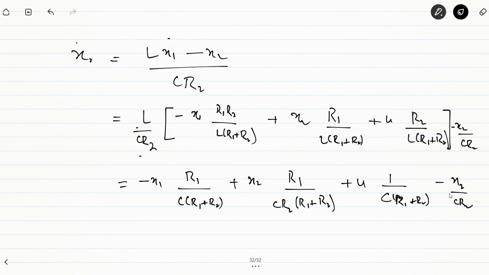तो ये x2 और x2 कंबाइन करके you will be getting minus x1 R1 by C R1 plus R2, plus x2 R1 by CR2 R1 plus R2 minus 1 by CR2. That's actually R1 by CR2 into R1 plus R2.